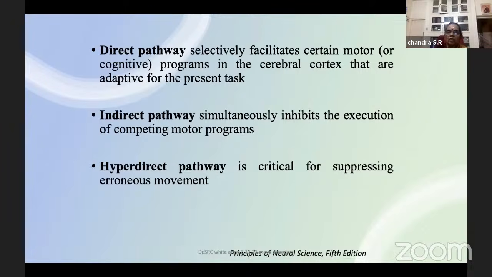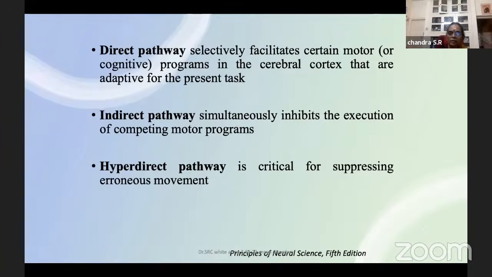Cortico, striato, pallido, thalamo, cortical, the direct pathway, is facilitating the set goal. The indirect pathway, which includes the subthalamic nucleus and the globus pallidus externa incorporated into the striatal circuit before it is completed, is inhibiting the antagonist. And hyperdirect is suppressing the erroneous movement.